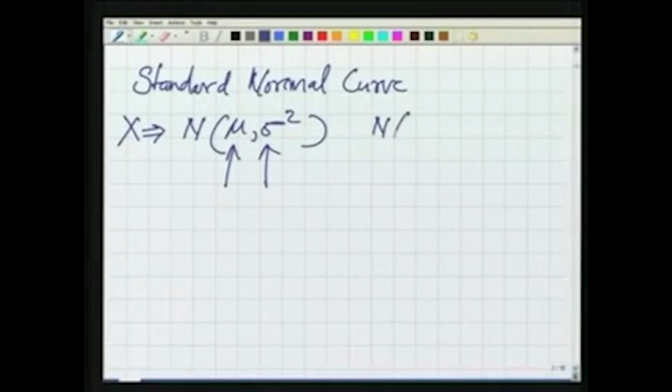For a standard normal distribution, we write it as N(0, 1 square). So, you can understand, for a standard normal curve, if the variable is z, the mean of the variable is 0 and the standard deviation is 1.